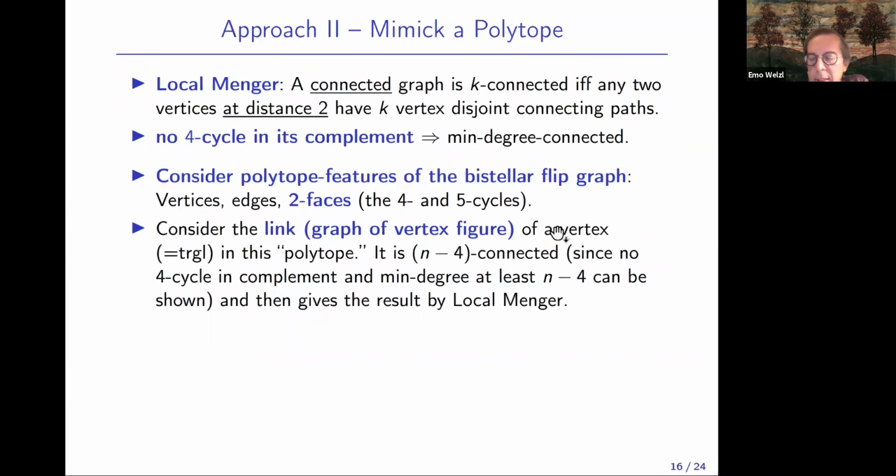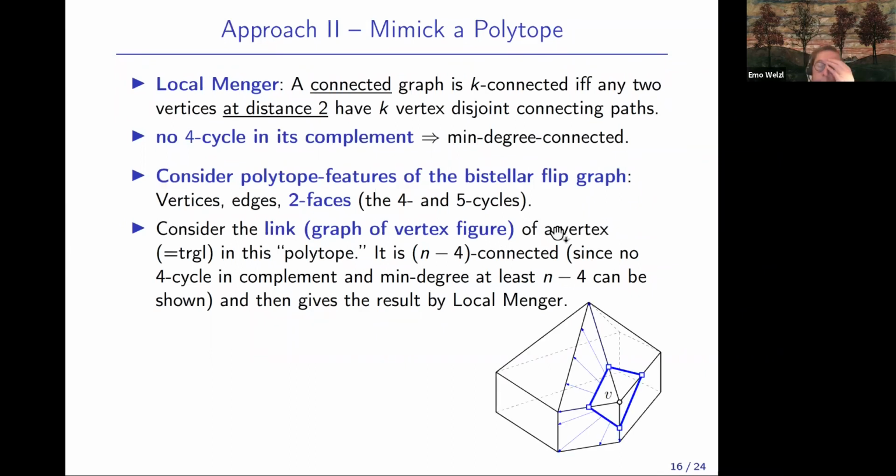So let's see. What did we need to define the graph of the vertex figure? So we have a vertex. Remember, in our graph, this is a triangulation. We needed the notion of an edge of adjacency, right? Okay, so that we have in our bistellar flip graph. So we have vertices, we have edges.